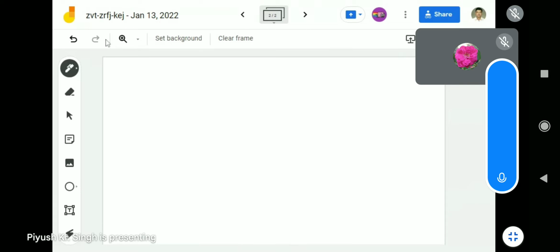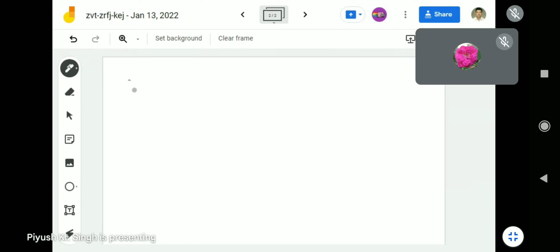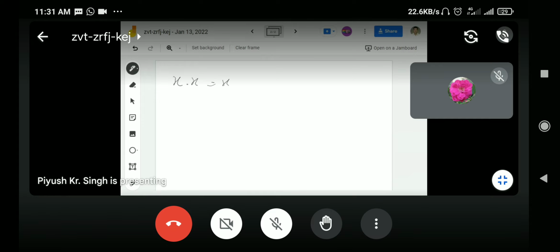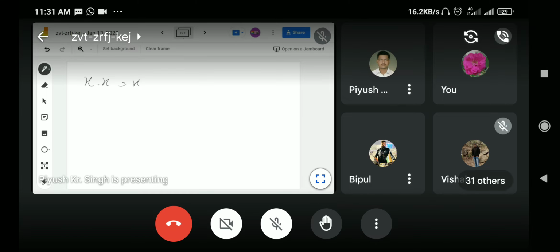Now if I say that x is equal to x. Okay, this is clear. x dot x is equal to x. One method is how to show it. Anyone?